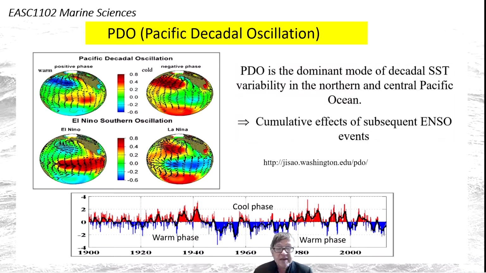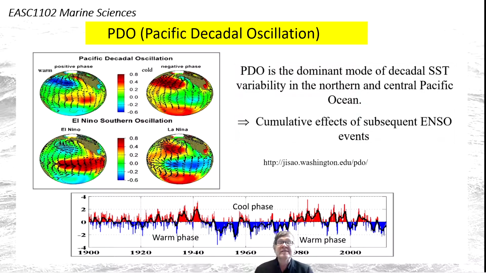So what does that mean? What it actually means is, because the response of the ocean is relatively slow, and there are memory effects in the ocean interior, if you have a decade where you have many subsequent El Niño events, you get a longer lasting temperature anomaly.